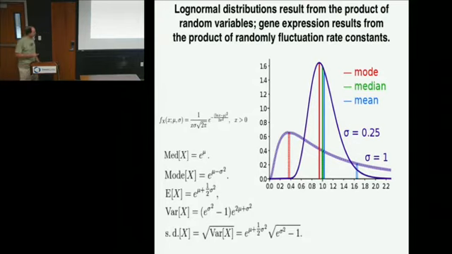Now, log-normal distributions have this interesting property that in linear space they're skewed, and so if the log of the variable is normally distributed, the variable itself is going to have this sort of skew to the distribution. And it turns out that the median, the mode, and the mean are all different from each other in log-normal distributions in real space.